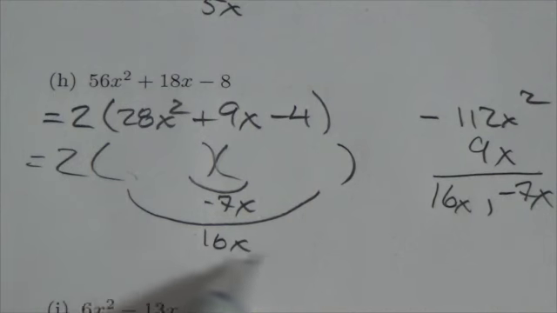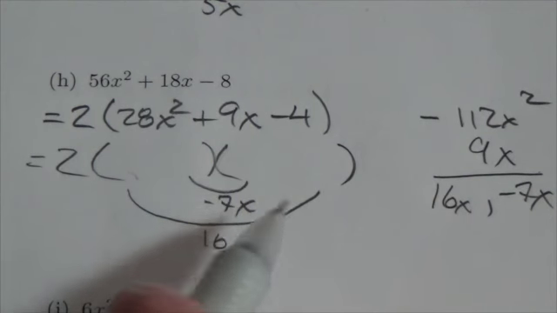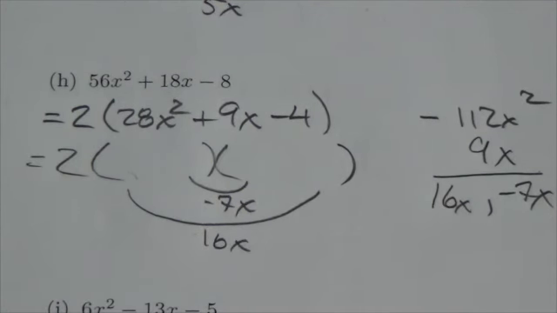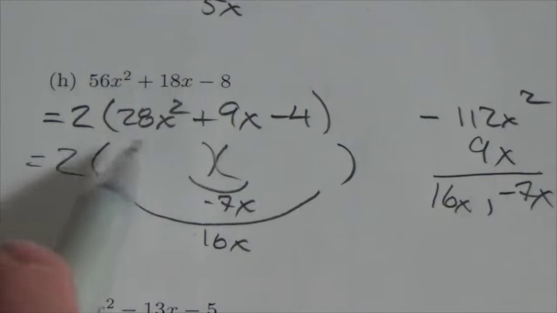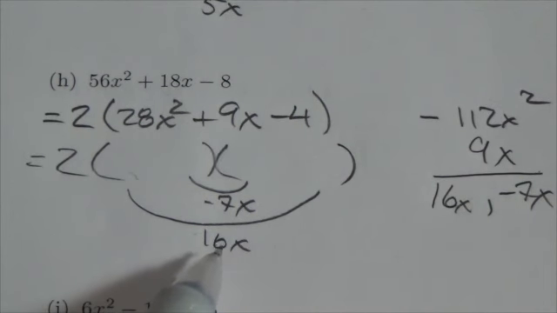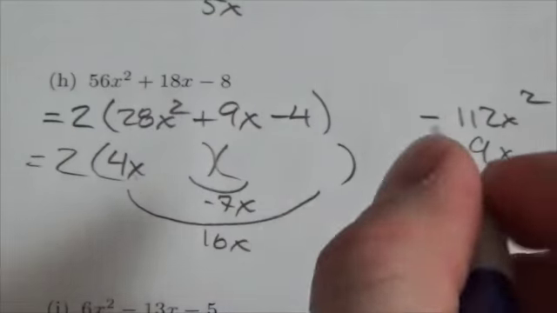The product of the first term in the first binomial with the last term in the second binomial has got to be 16x. So this first term here, I'm looking for the largest factor that's in both 28x squared and 16x. Okay, well, it shouldn't take me long to realize, okay, factors of 2, yeah, but I could do better than that. This would be 4x.